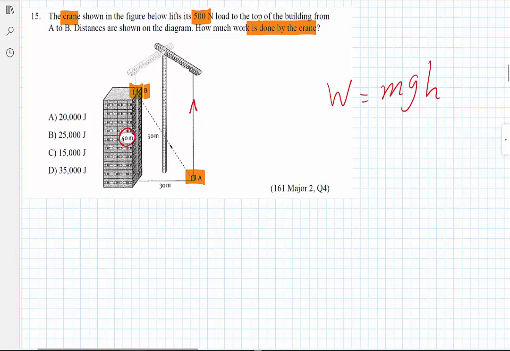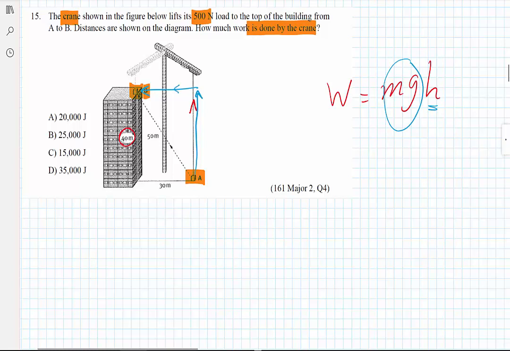Some people might ask, but the motion is from A to B directly. Why did you take only the mgh and neglect the other part? Here the force is upward. The force of the crane is upward. So when the crane pulls the object upward, it does work, and its work will be mgh.